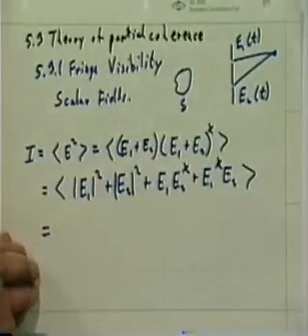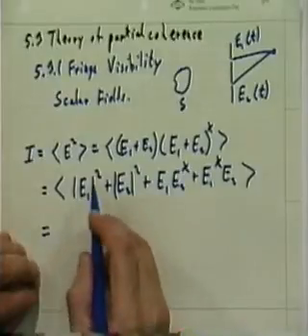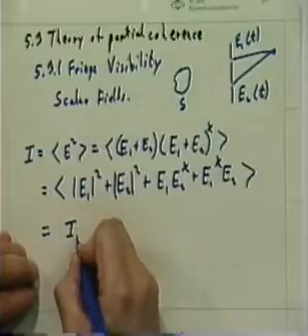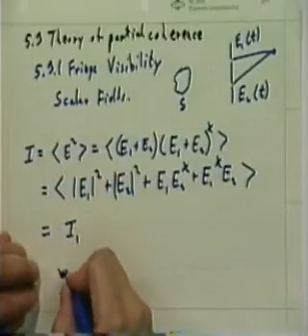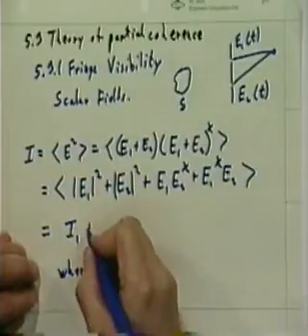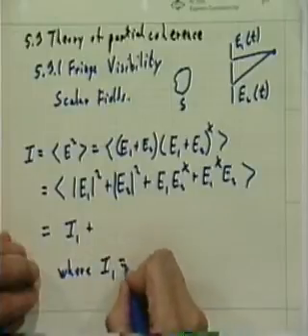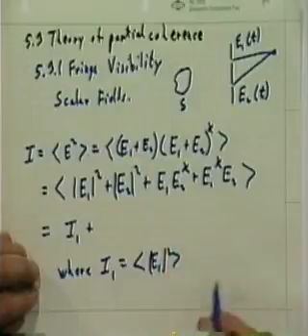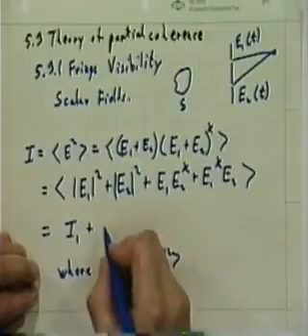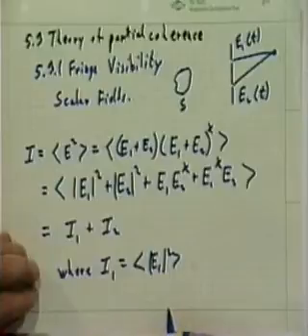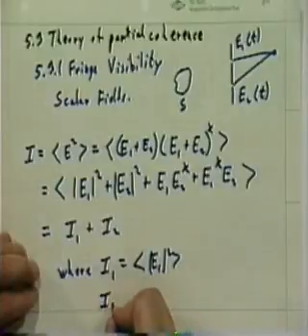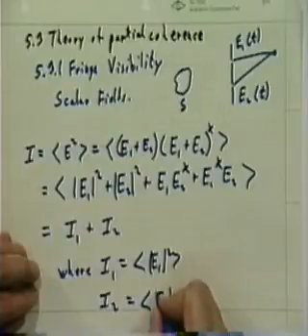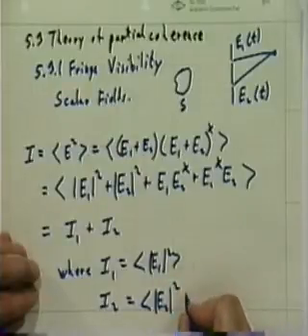And this first one, we'll just write down here I1, where I1 is the average of E1 squared. And then I'm going to have an I2, and I2 is the average of E2 squared.